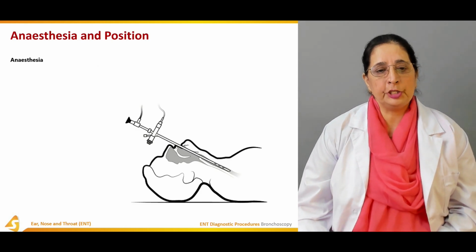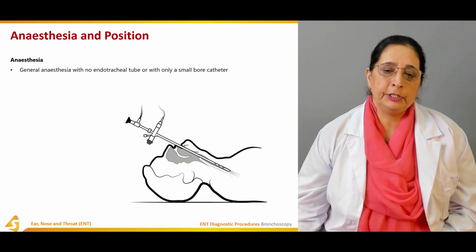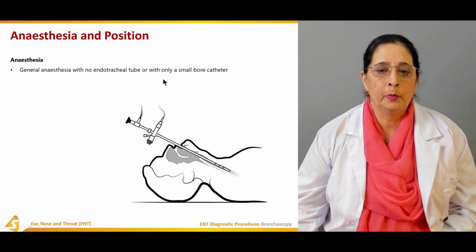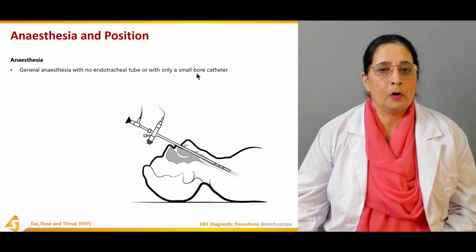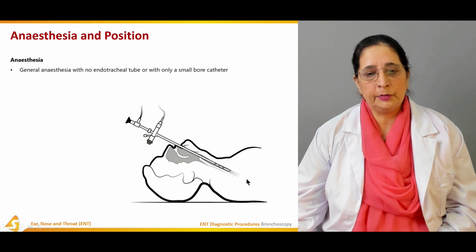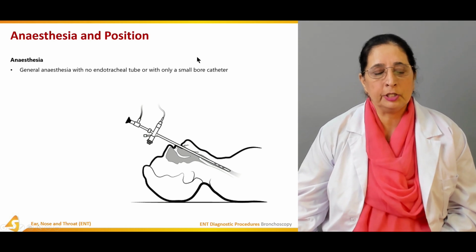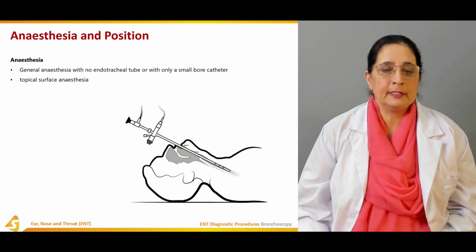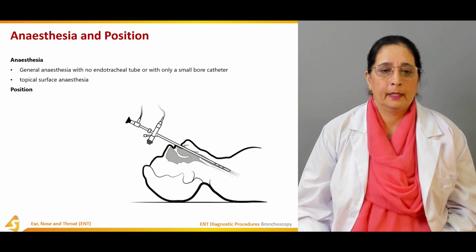Anesthesia and position. Anesthesia: general anesthesia with no endotracheal tube or with only a small bore catheter. So usually general anesthesia is used, along with topical surface anesthesia.